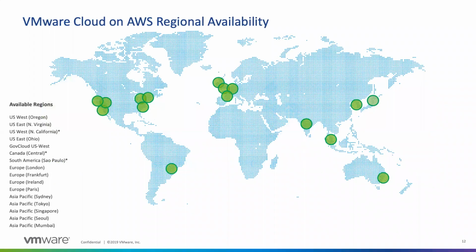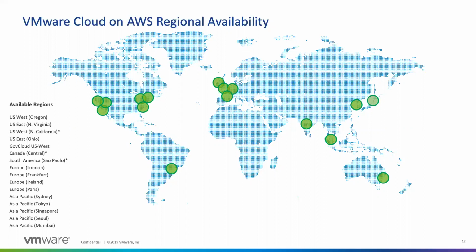And then, regionally, we're available basically everywhere our customers want to be now. We're available across the U.S. In all of the major regions for AWS in the Americas, so that includes Canada and Brazil. In EMEA, we're available in Dublin, London, Paris, and Frankfurt, and we are working on bringing Stockholm live as well.